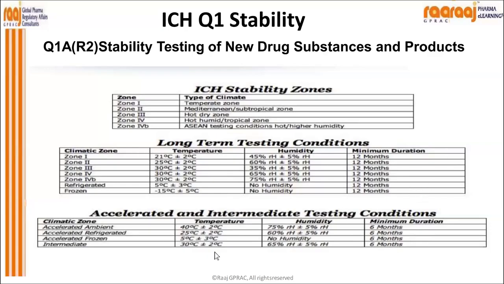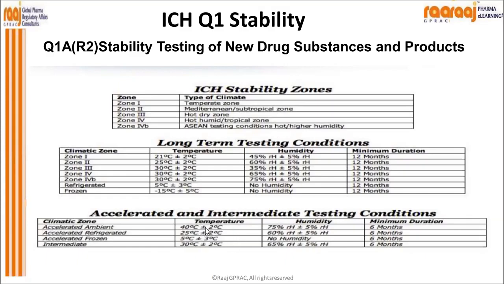Okay, accelerated is always what? 40 degrees Celsius plus 60% humidity minimum. But there are different climatic zones. So as per climatic zones, this humidity and temperature vary, correct? So suppose if it is accelerated ambient condition, then 40 plus minus 2 degrees and 75% RH, relative humidity.